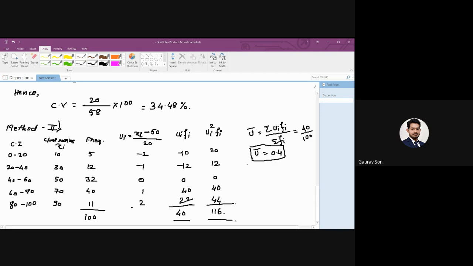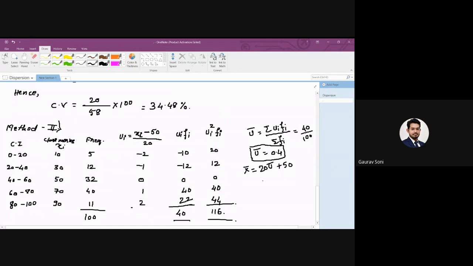What will be x bar? u bar into 20 plus 50.